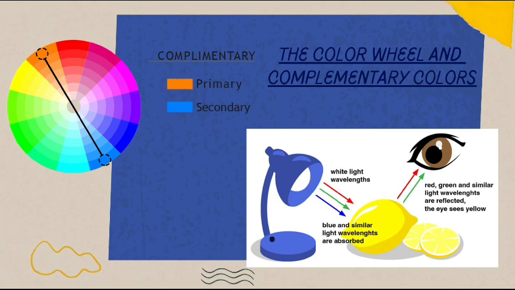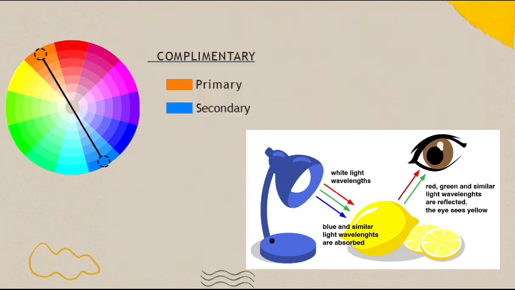For example, observe something yellow, like a bowl of lemons with white light shining on it. The lemons are reflecting light wavelengths that we perceive as yellow and absorbing all other light wavelengths. We see a yellow color because its opposite color, blue, is subtracted from the white light.